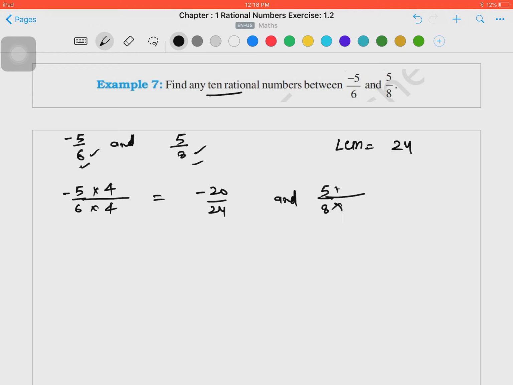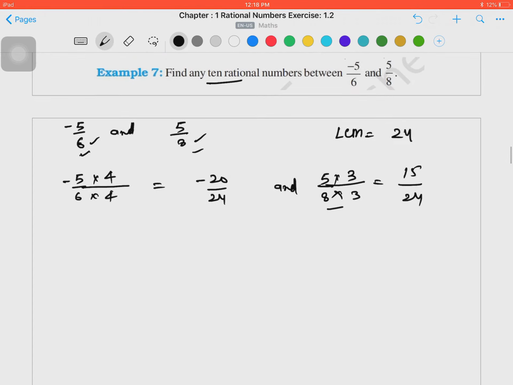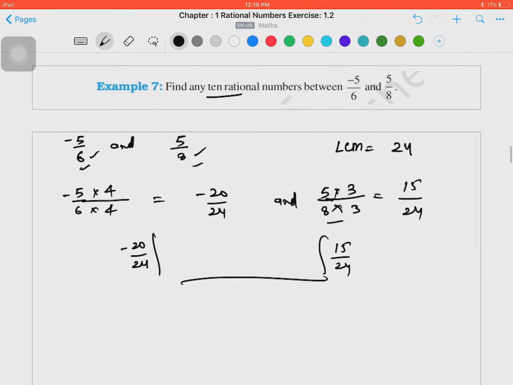In order to make this denominator 24, we'll multiply it by 3 and 3 here. So this will be 15 by 24. So now the numbers that we have are minus 20 by 24 and 15 by 24. These are the two numbers, and between these two numbers we have to find 10 rational numbers.